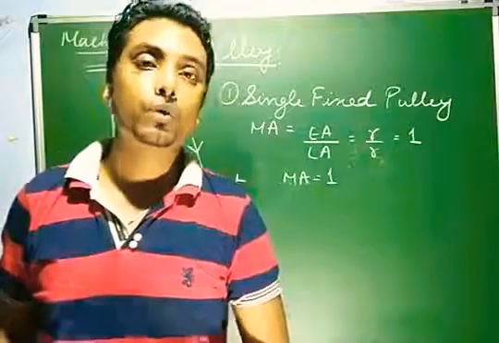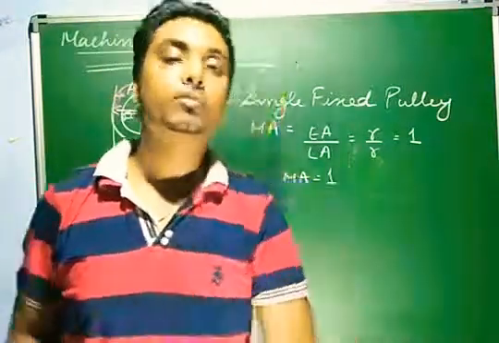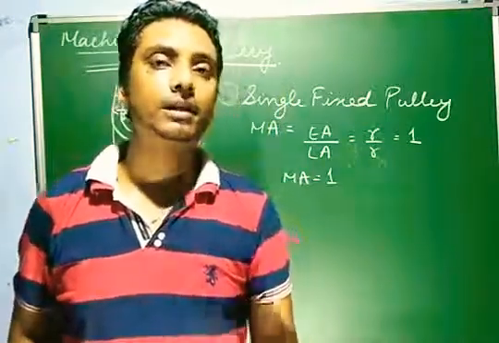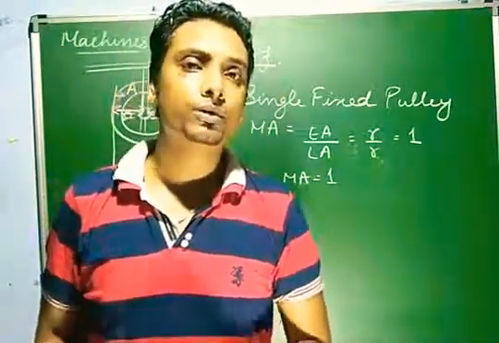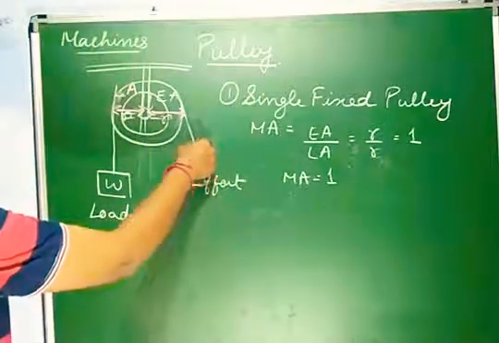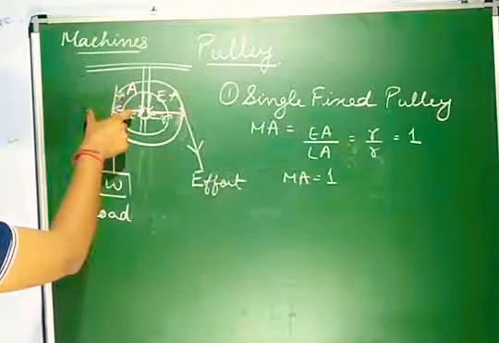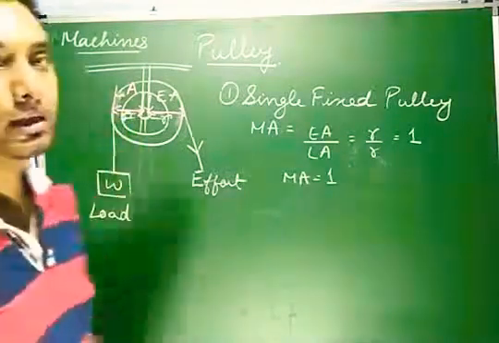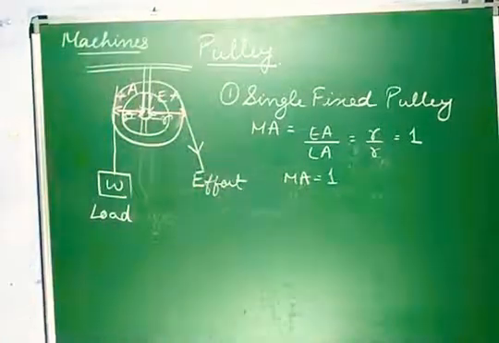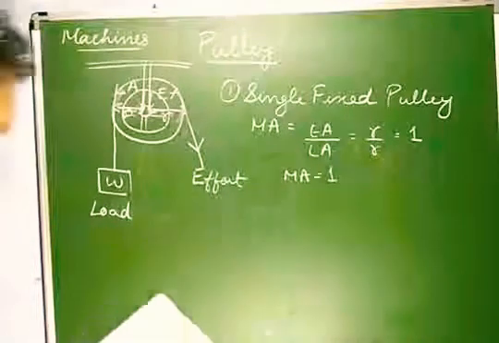Mechanical advantage 1 means it will neither multiply the force nor multiply the speed. It will just change the direction of the force applied. If we are holding here and applying the force downwards, the load will come upwards. So it is just changing the direction of the force. Alright, now let us see the next part.